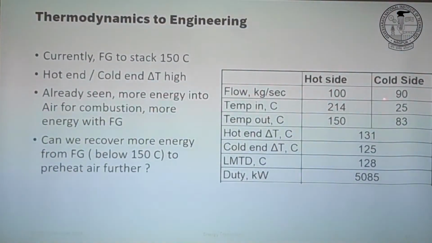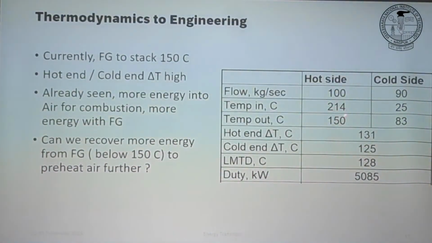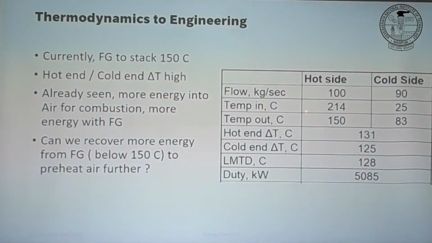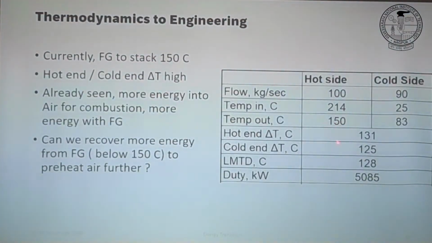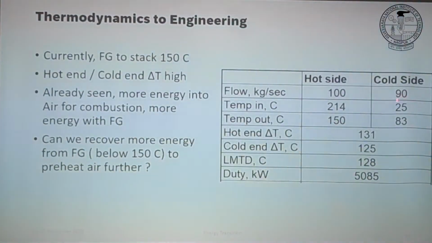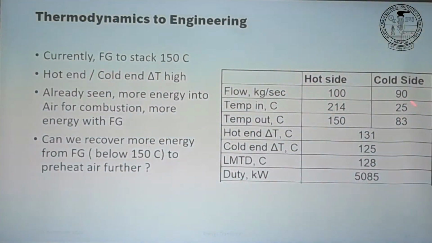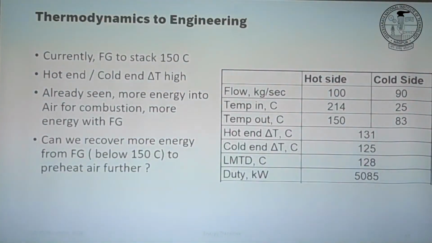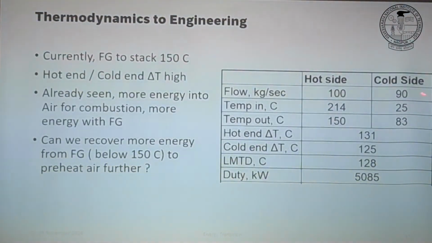So hot side, flue gas 100 kg per second. If you remember our basis, temperature was 214. Up to 214, from 600 to 214 was to the steam, and from there it's to the air. Air comes in at 25. We do the calculation. If you remember, for 100 kg of flue gas, it was somewhere around 10-12 kg of fuel and the remaining air.